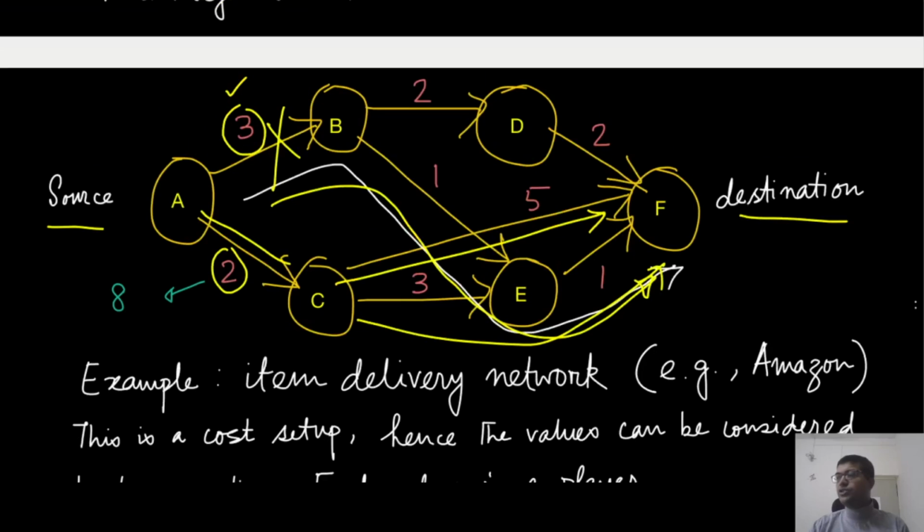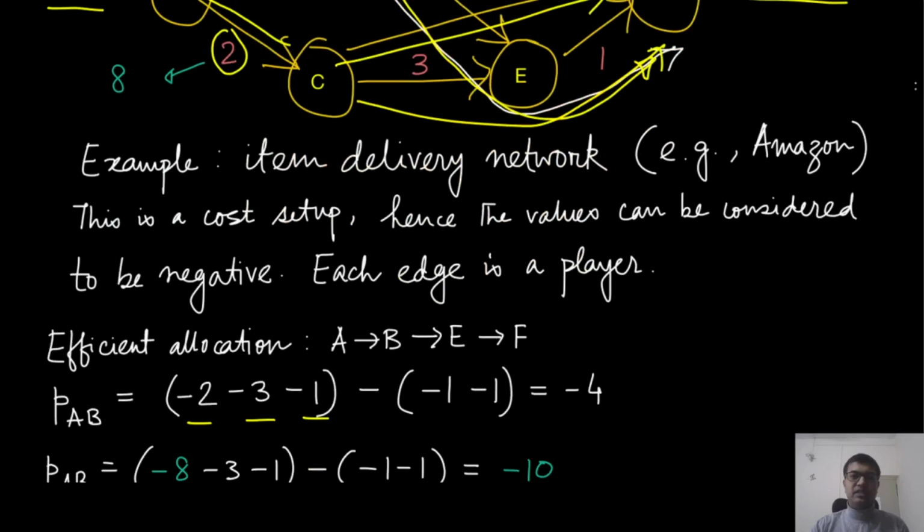This is the valuation to all the other players when agent i is not present. When agent i is present, for all the edges except BE and EF it is equal to 0, and for BE and EF it is 1 and 1. So that is going to be the valuation here. So in total, the payment of AB, when the costs are as shown in red, is going to be -4 for this player AB.